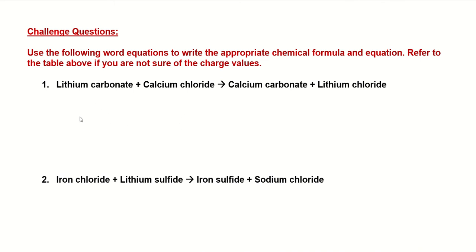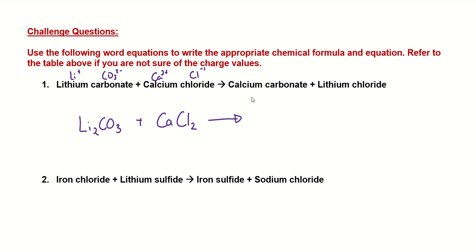So firstly we have lithium, which is plus, carbonate is 2 minus. So it will become lithium 2, carbonate 3, CO3, like so. We have calcium, which is 2 plus. Chlorine is 1 minus, so if they crisscross, we get calcium 1, chlorine 2.